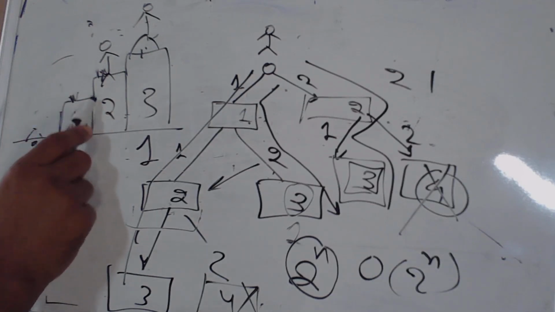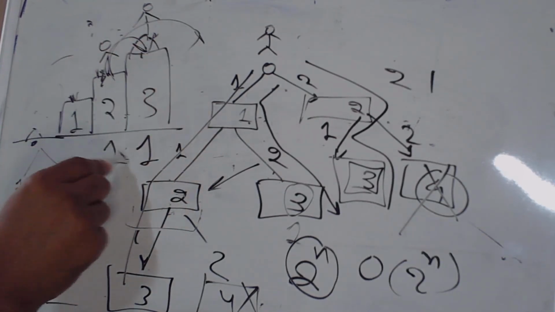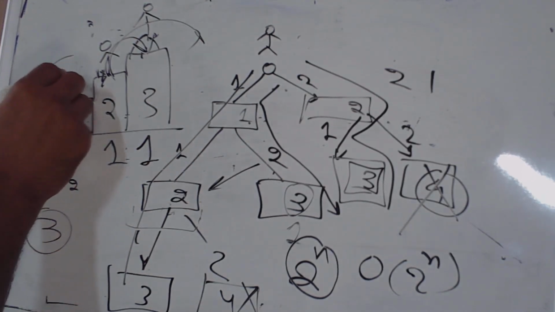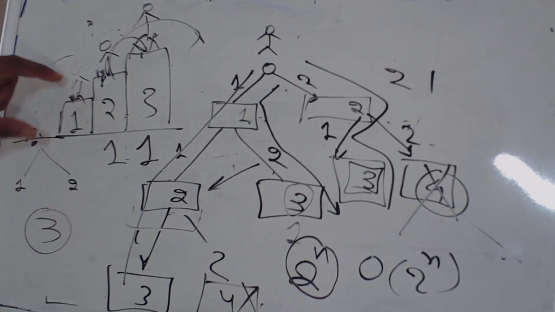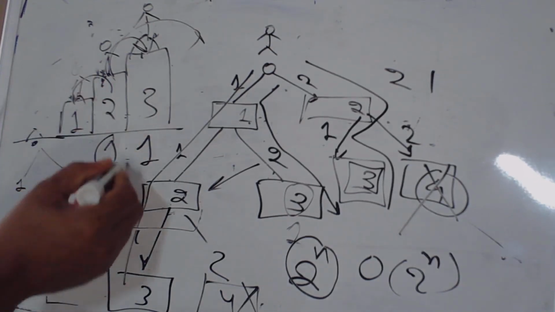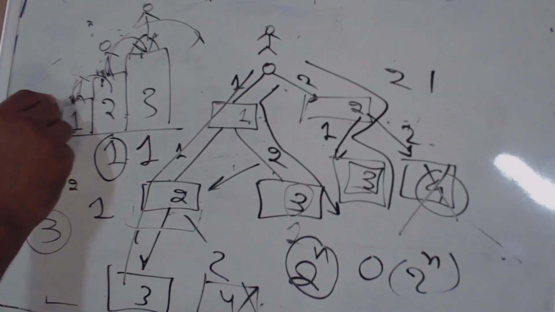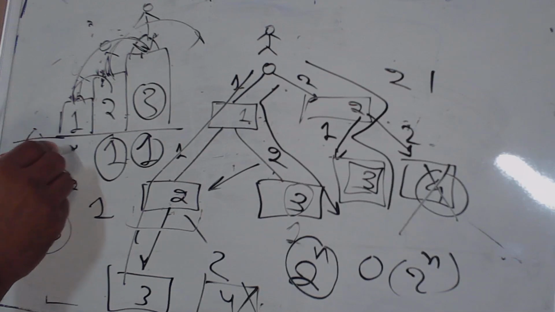From here it's only 1 because he cannot take 2 steps. Now when he goes to the first position, either he can go to 2 or he can go to 3. If he goes to 2, how many ways can he do from 2? That is 1. If he goes to 3, how many ways can he do from 3? 1. So the total will be 2.